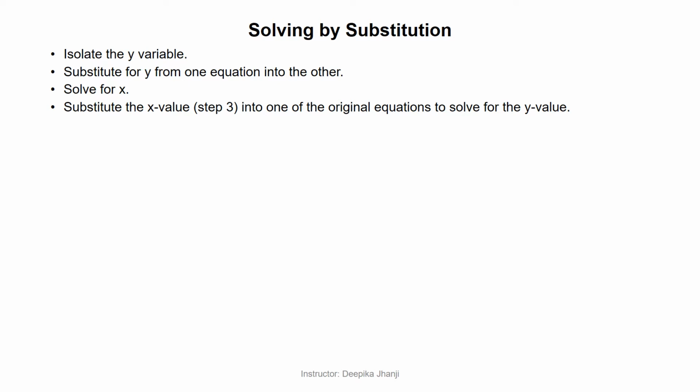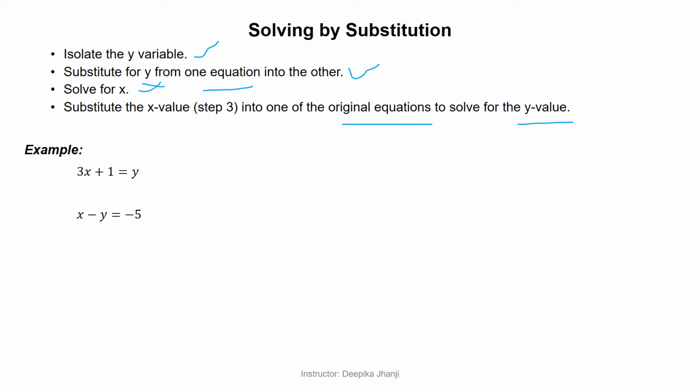The steps are: isolate one of the variables, let's say you isolate y, then substitute the value of y from one equation into the other, solve for x, and then substitute the x value into one of the original equations to solve for y.